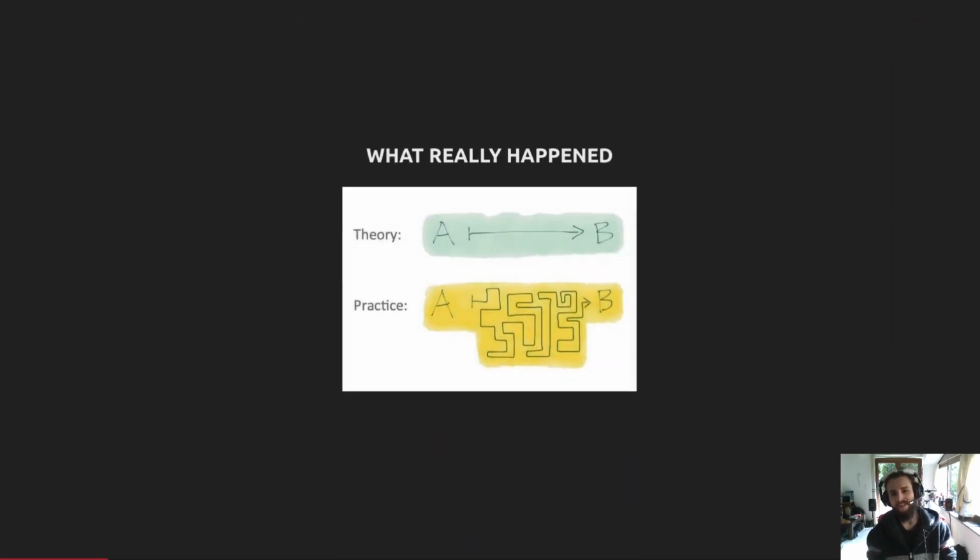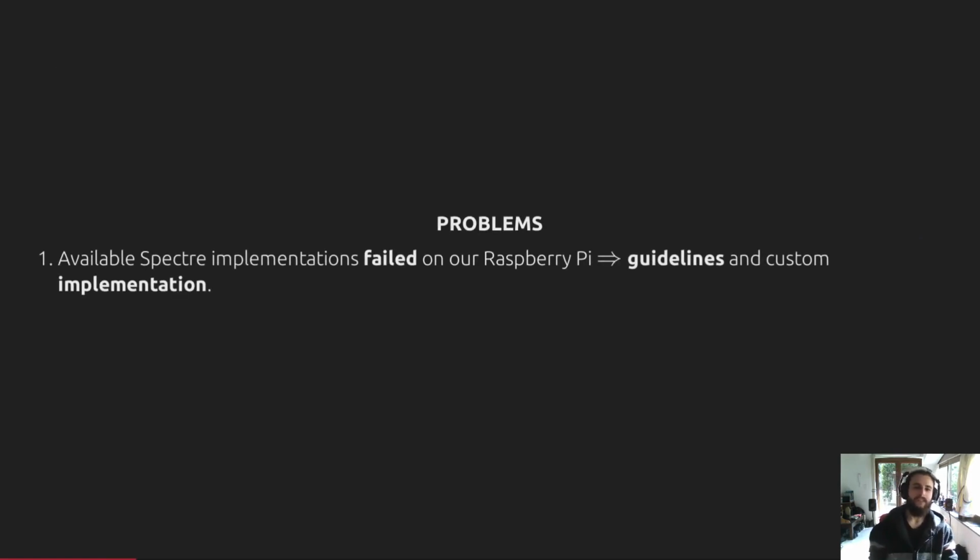Unfortunately, the theory is rarely the same as the practice. So there were some problems, and the first one is that the available Spectre implementations failed on our Raspberry Pi. It led to the development of some custom guidelines about how to develop and reproduce this kind of attack, and a custom implementation on our side.